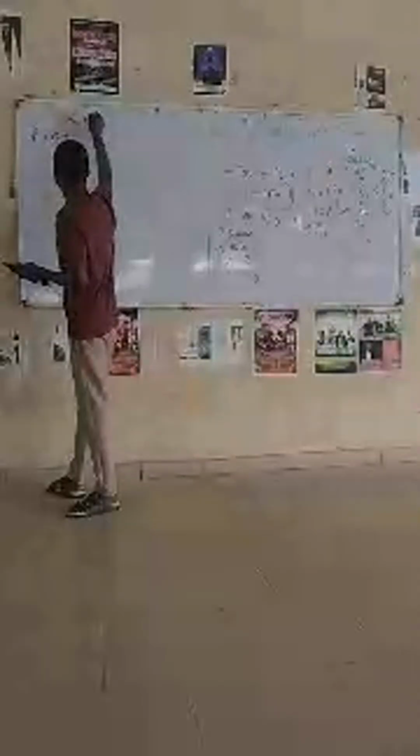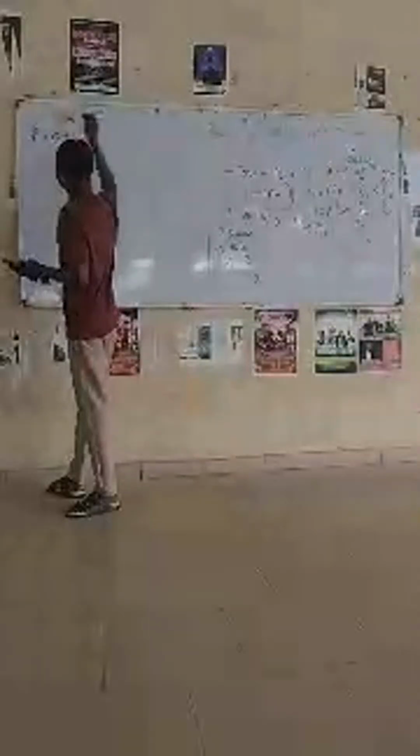If P is the probability of success, Q is the probability of failure. And how do we get Q? Q is 1 minus what? P. Q is 1 minus probability of success.